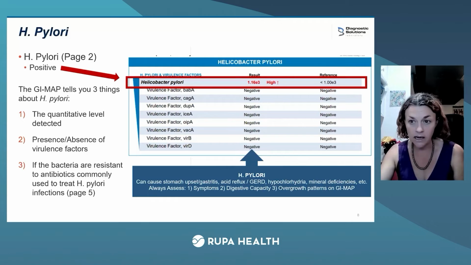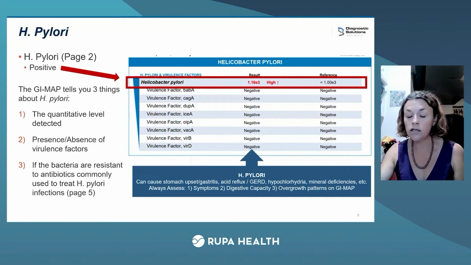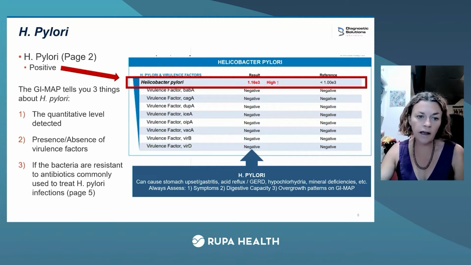That does not mean they are negative. That means they were not run because the value was too low. And I hear this mistake made all the time. We just don't know. It could be a 2.63 E2 H. pylori with virulence factors. We don't know if the level is below 500. And the same applies for the antibiotic resistance genes. So I wanted to make that point.